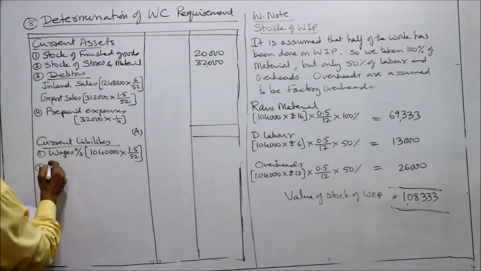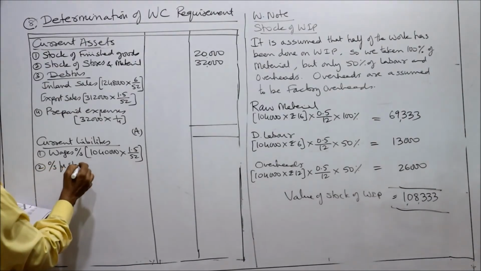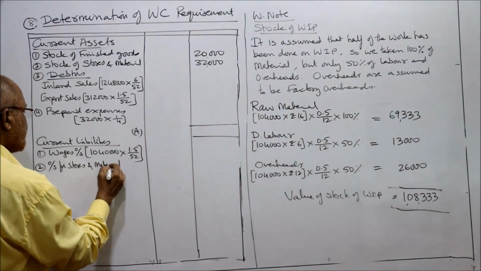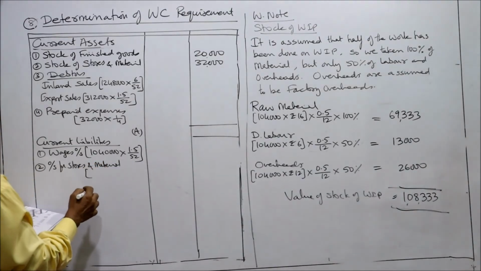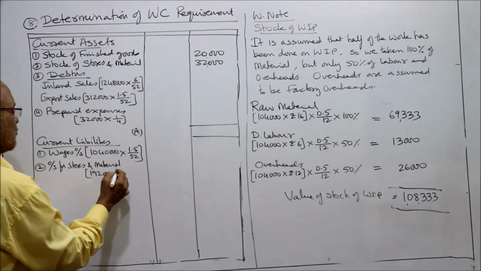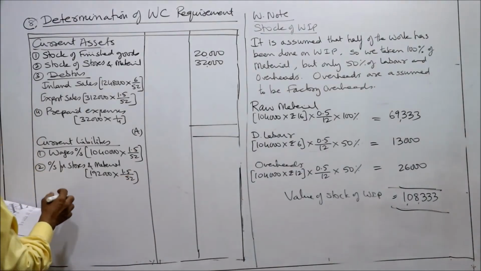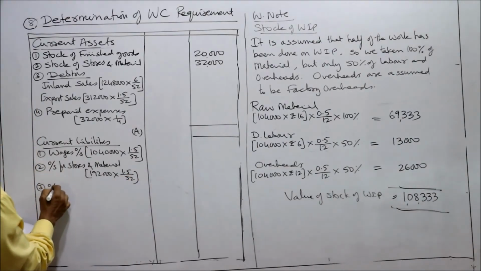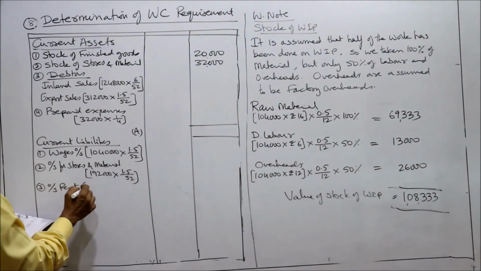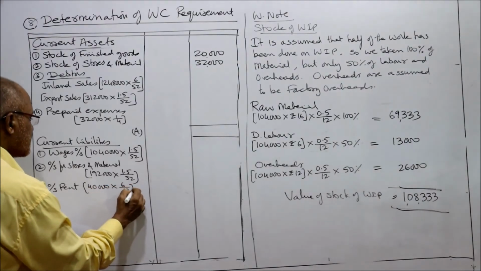Second, outstanding for stores and material, it is 1,92,000 into 1.5 by 52. Third, outstanding rent and royalties, 40,000 into 6 by 12.